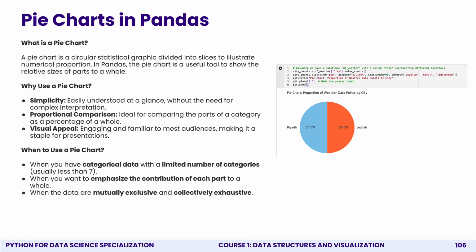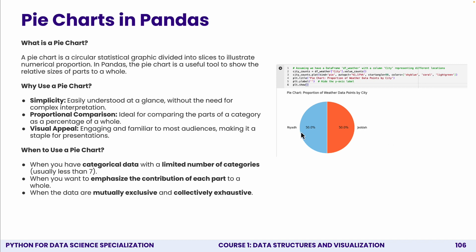And you want to emphasize the contribution of each category over the whole data set. Of course, the categories must be exclusive, completely independent, but collectively exhaustive, meaning they contribute to the whole picture. So these are the conditions.